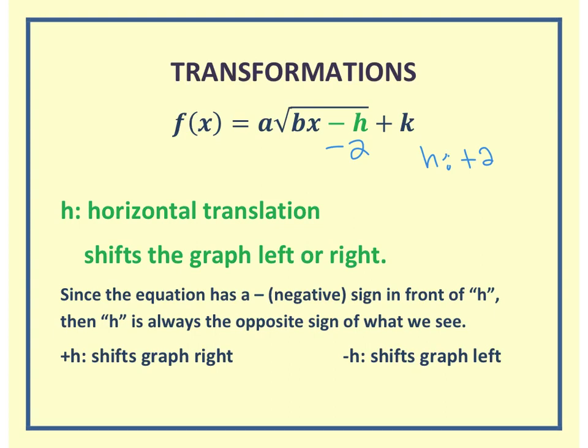After you change the sign, if you see a +2, this is to the right 2. If you see a -2, it's to the left 2. What is it going to change, the domain or the range, if it's shifting the graph left and right? The answer is it's going to affect your domain, because the domain is left and right. It's your x-axis.